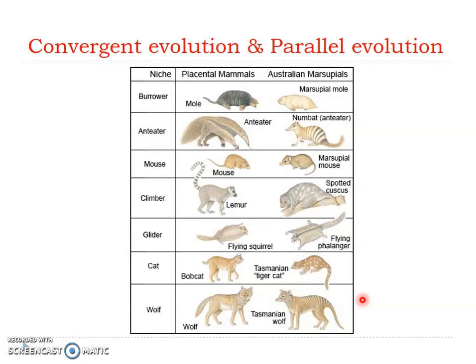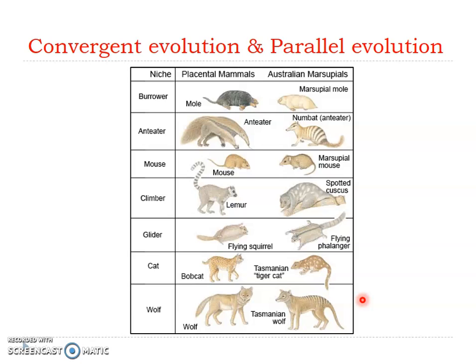Why is it convergent? Because the two different species have developed similar looking structures for adapting themselves to perform a particular function. But embryonic origin, the structural pattern, etc., are completely different.